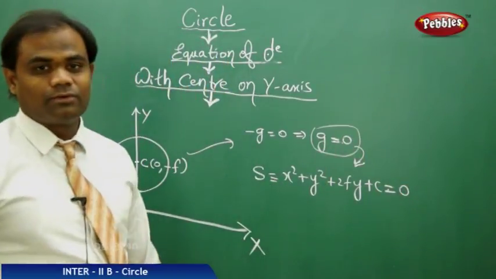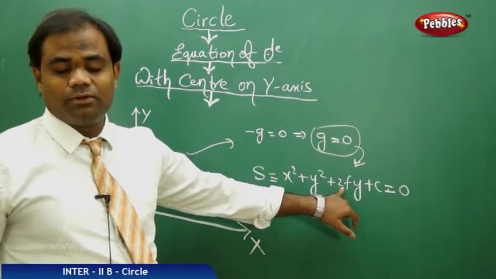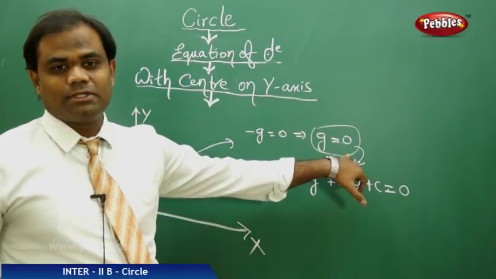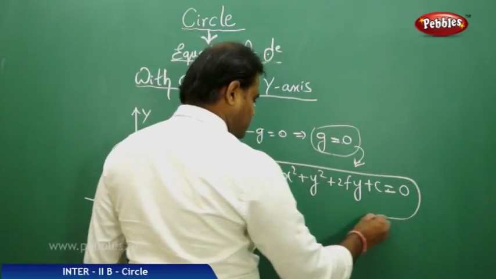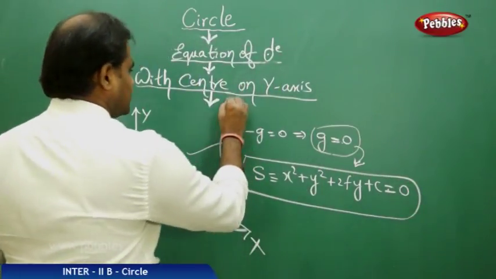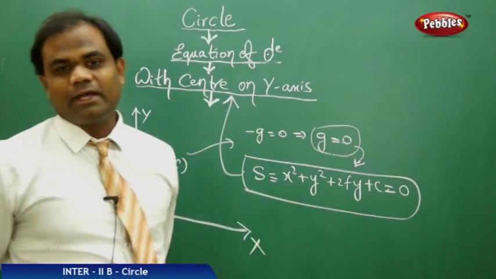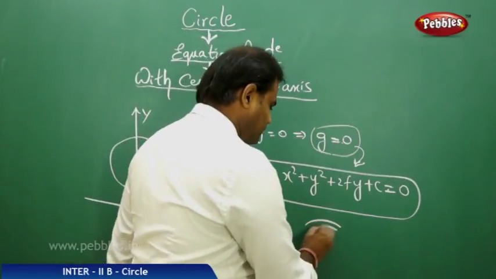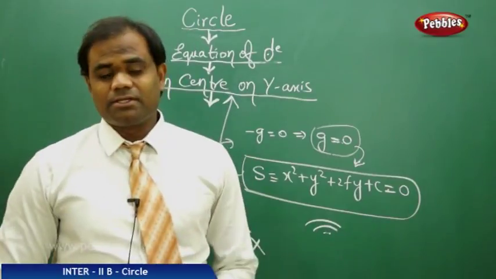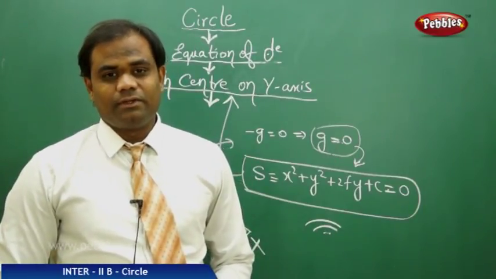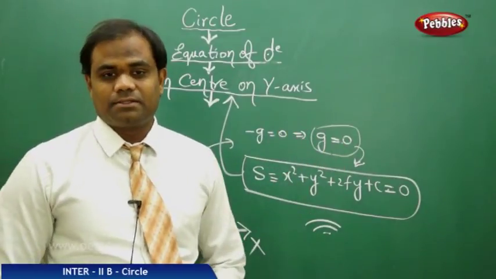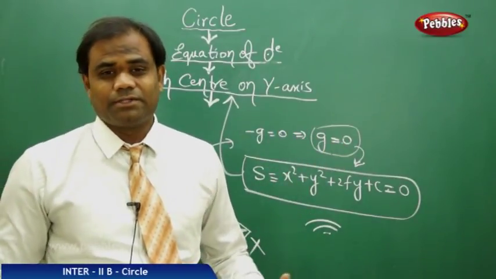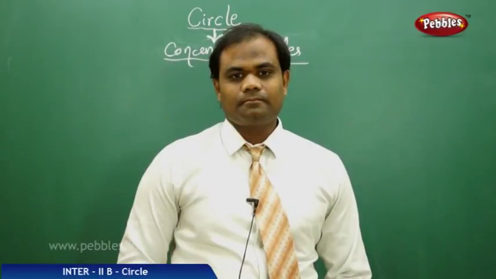G equal to 0, therefore 2gx, the whole term vanishes because g is 0, will be the equation of circle with center on y-axis. That is how we understand the special cases of the circle with center on x-axis and center on y-axis with the respective equations derived.